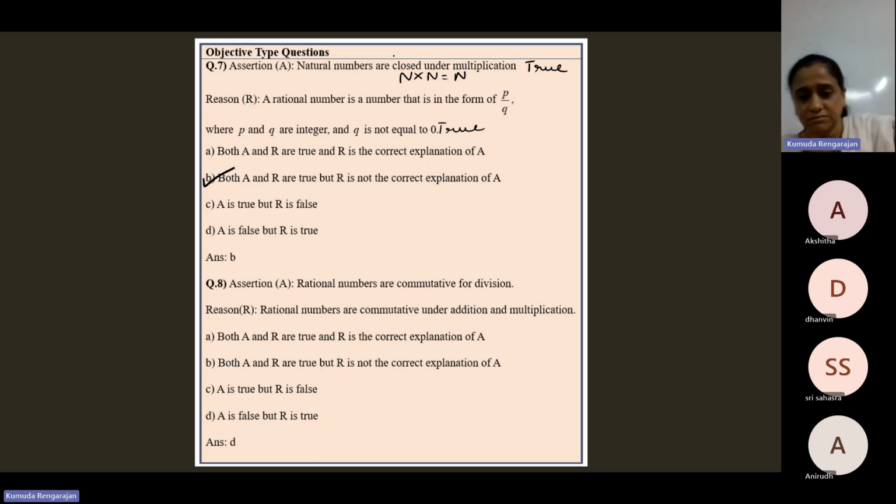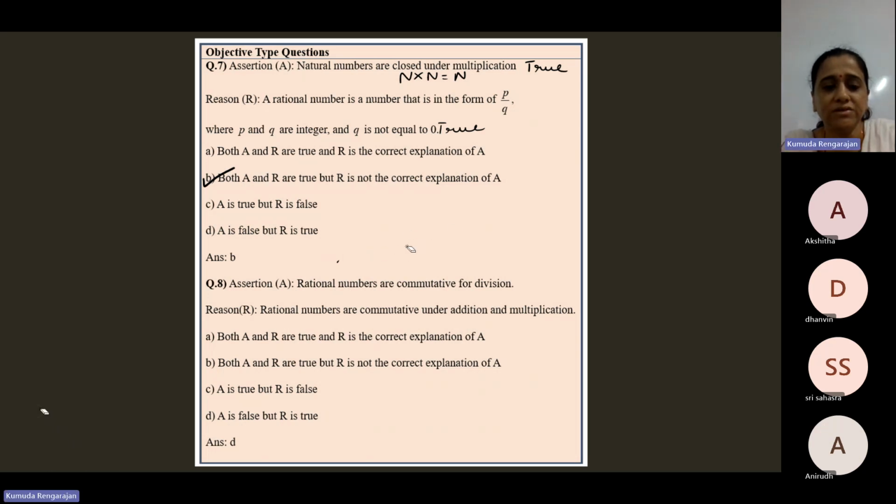Commutative meaning A divided by B is the same as B divided by A, like 10 divided by 5 is the same as 5 divided by 10. No, 10 divided by 5 is 2, and 5 divided by 10 is 1 by 2. So commutative means A divided by B is the same as B divided by A. No, no, no, false.